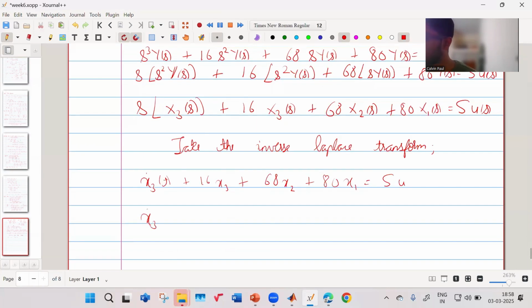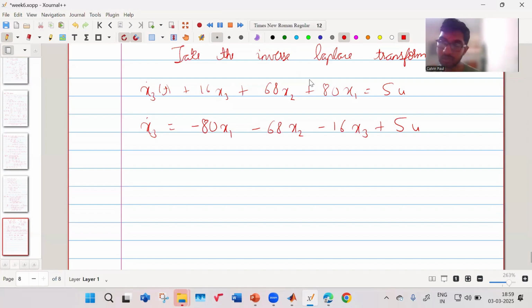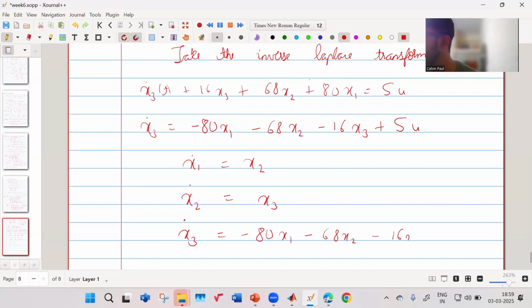So x3 dot is equal to minus 80x1 minus 68x2 minus 16x3 plus 5u. So our state space representation is: x1 dot is equal to x2, x2 dot is equal to x3, and x3 dot is equal to minus 80 into x1, minus 68 into x2, minus 16 into x3, plus 5 into u.